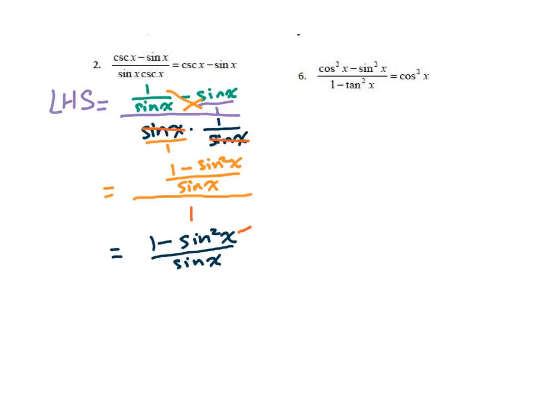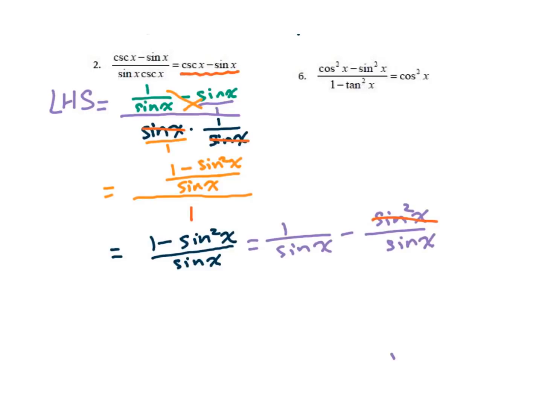Don't rush to change this into cosine squared x. Don't do that. Always check what kind of form we need. We need cosecant x minus sine x. It's not only one term like cosine squared x. Therefore, we just need to separate this fraction like this: 1 over sine x minus sine squared x over sine x.